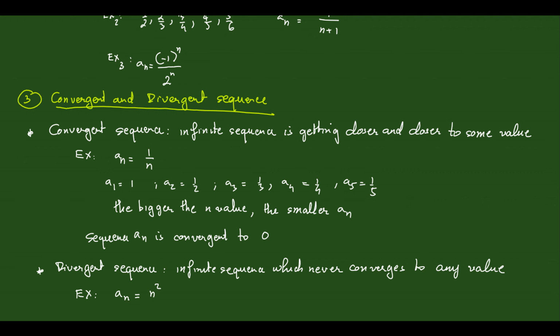So it never converges to any value, and that's why we call that a divergence sequence. Alright.